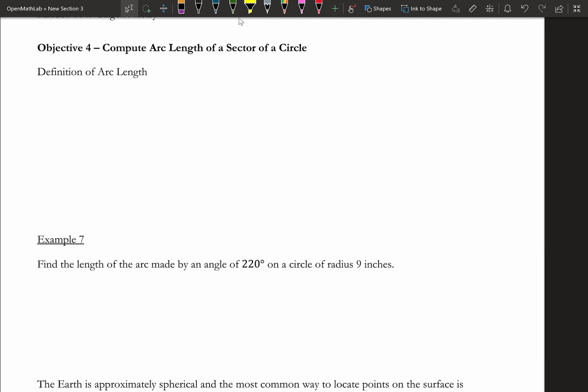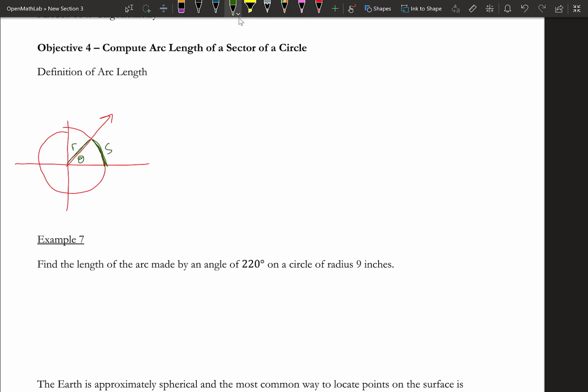So then objective 4, we're going to look at computing arc length of a sector of a circle. If we think about what we already know, if I have a central angle, remember, a central angle is an angle inside a circle. So I could label this theta, and this distance here is r, my radius, and this part here is the arc length, which is s.